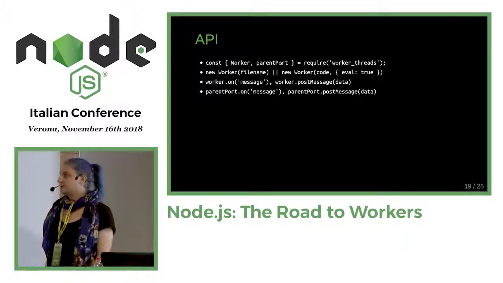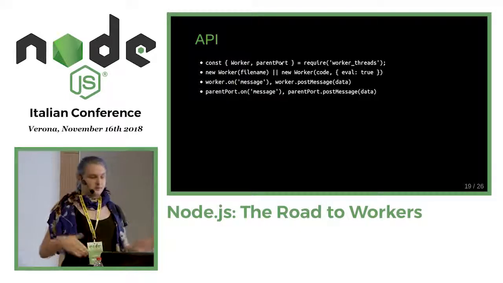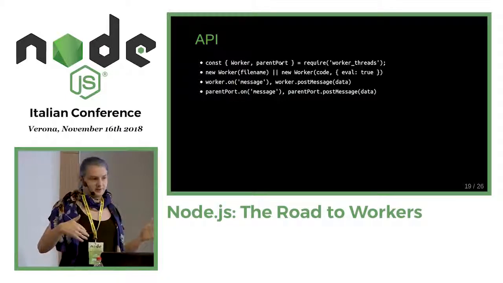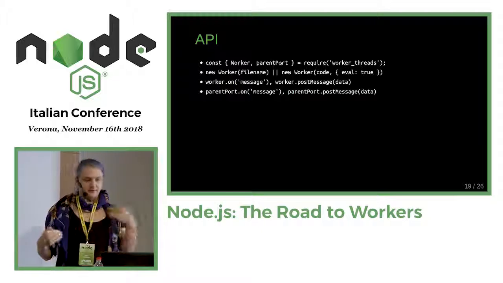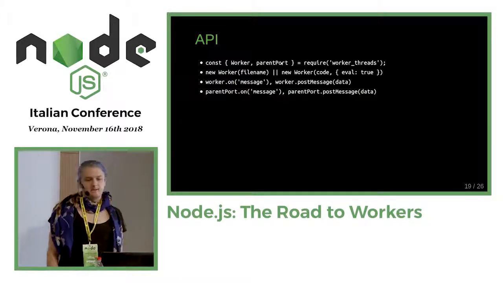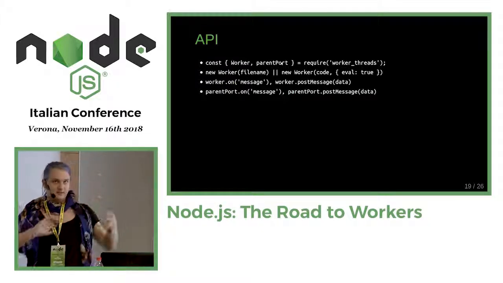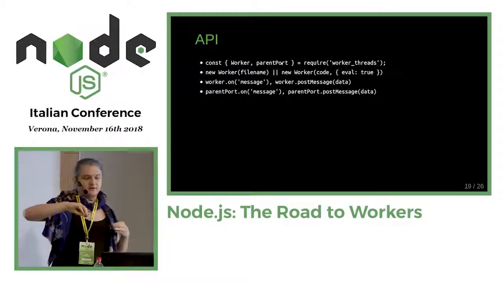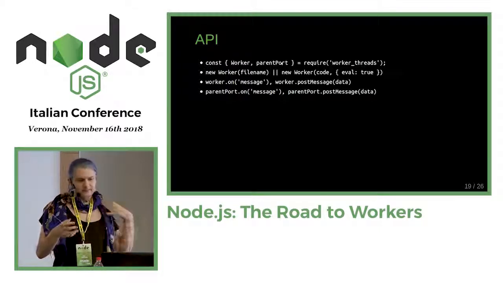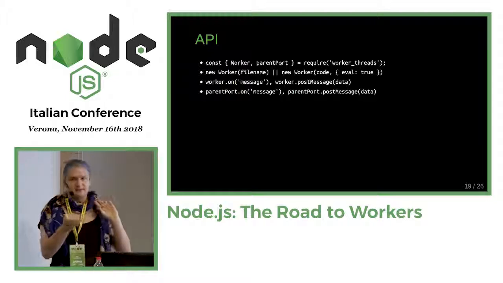The message passing works through worker.postMessage and worker.on('message') as an event listener on the worker instance. You have something similar inside the child thread, where you have parentPort, and it basically plays the same role.